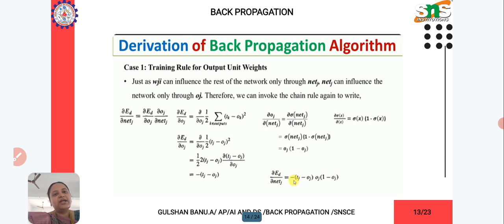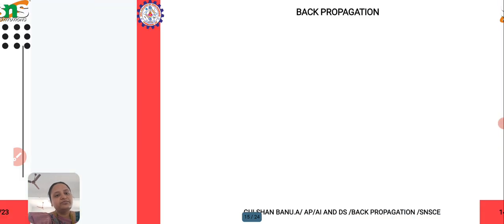First you calculate the derivative of the error with respect to net, for that you use the sigmoid function of 1 by 2 summation of (t_k minus o_k). When you derive those equations, you get the final output as minus (t_j minus o_j) into o_j (1 minus o_j).